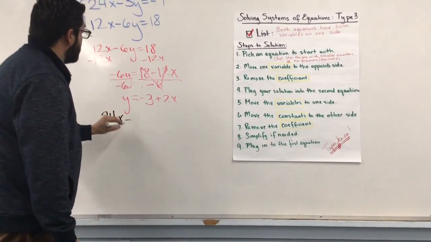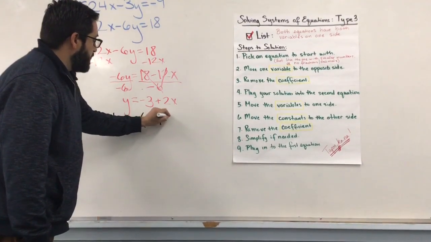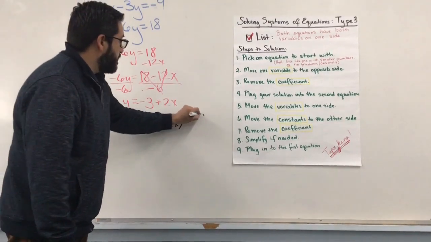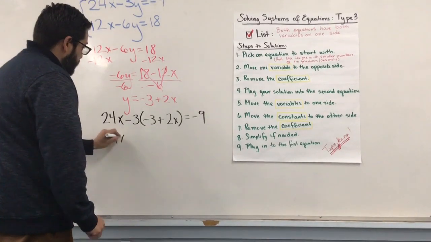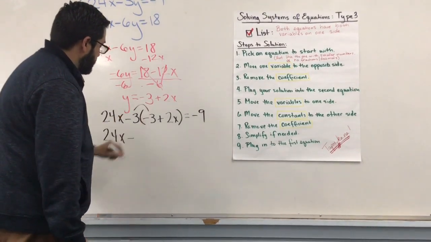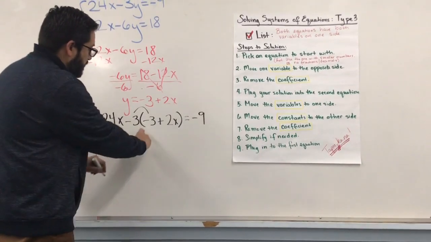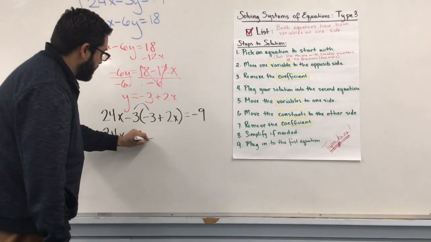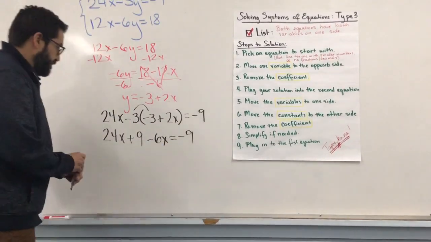24x minus 3 times negative 3 plus 2x equals negative 9. That becomes 24x minus negative 3 times negative 3 would give me positive 9, and then negative 3 times a positive 2x would give me negative 6x equals negative 9.